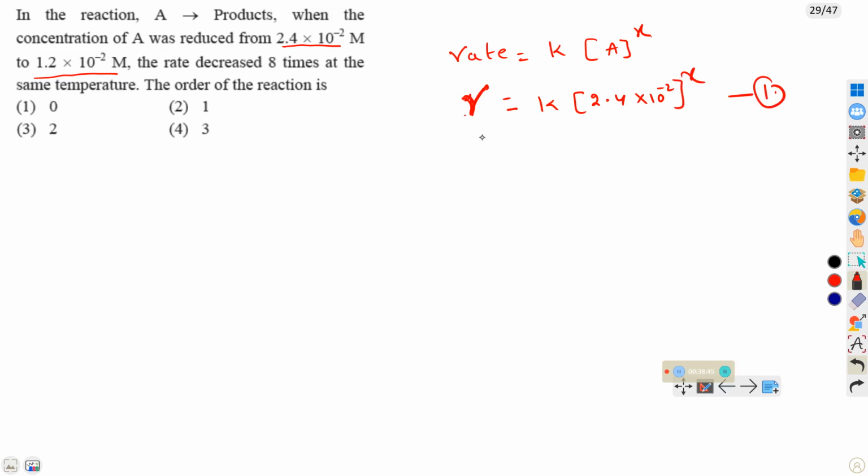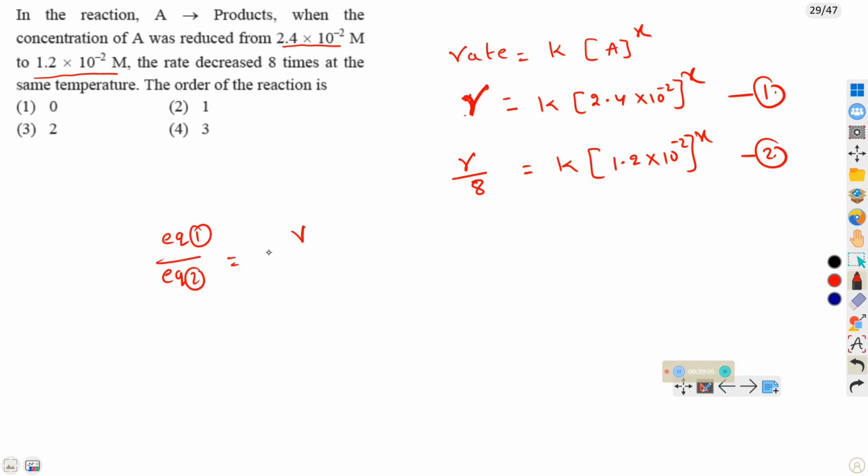Next, the rate decreased by 8 times. So R by 8 is equal to k into (1.2 into 10 power minus 2) whole power x, equation 2. Now equation 1 by equation 2.